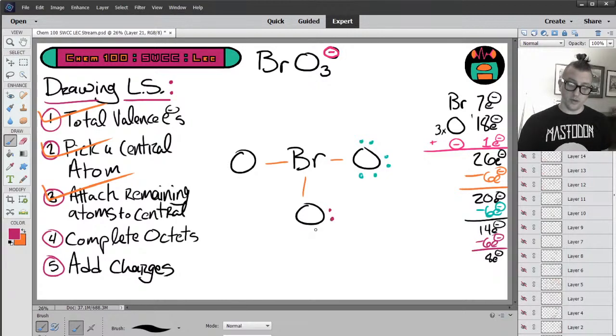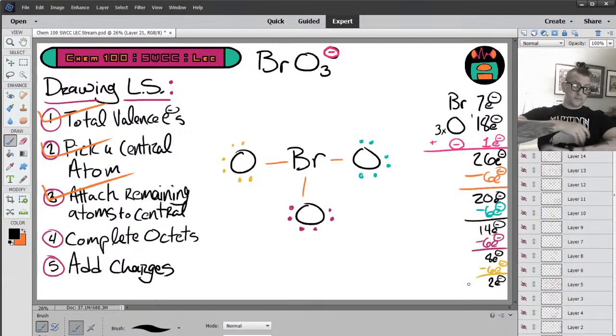So let's add 3 lone pairs here. Our third oxygen needs 6, which we do have in our budget. There are 2 electrons remaining.